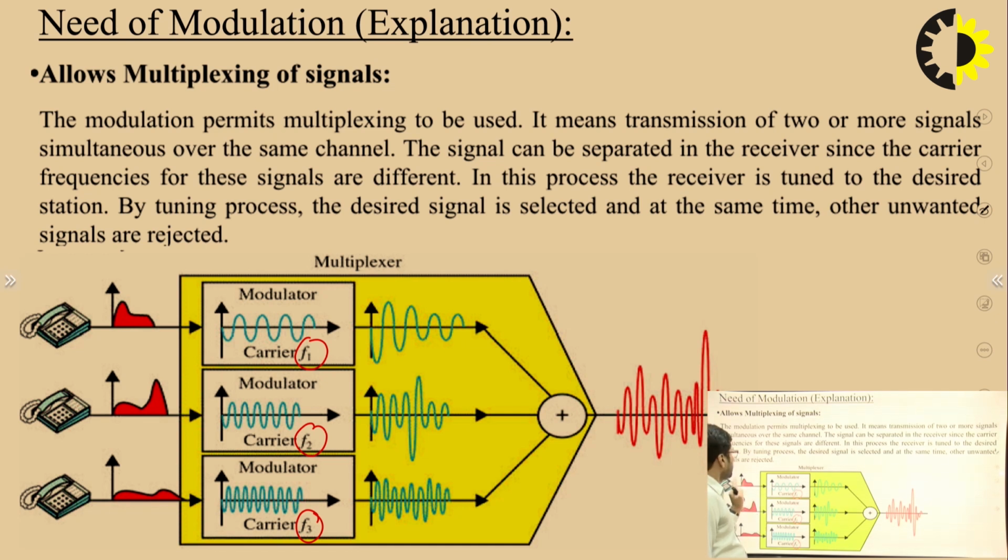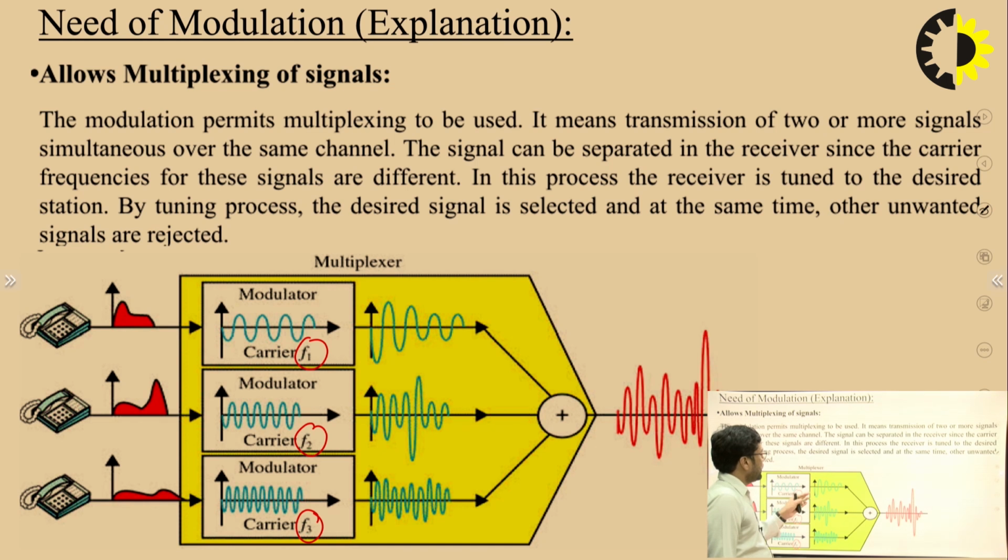The first signal is modulated and transmitted at its own carrier frequency, the second signal at the second carrier frequency, and the third through the third carrier frequency. Over the channel they cannot interfere with each other because of the different carrier frequencies.